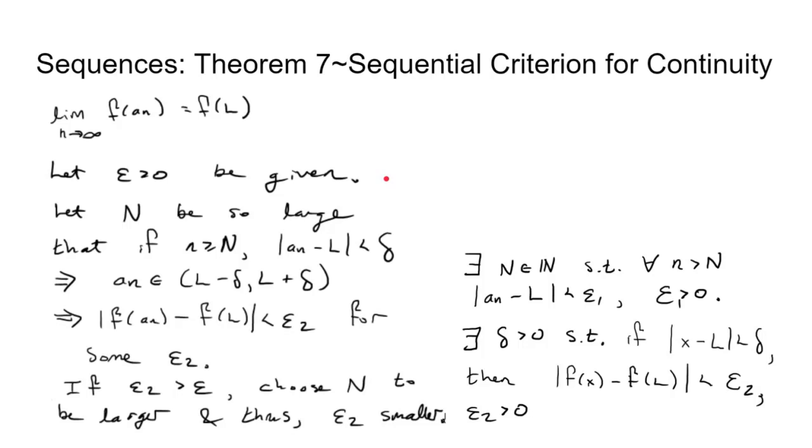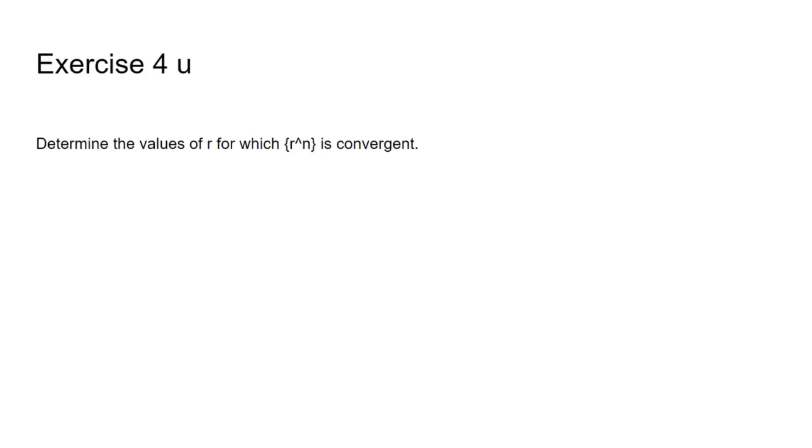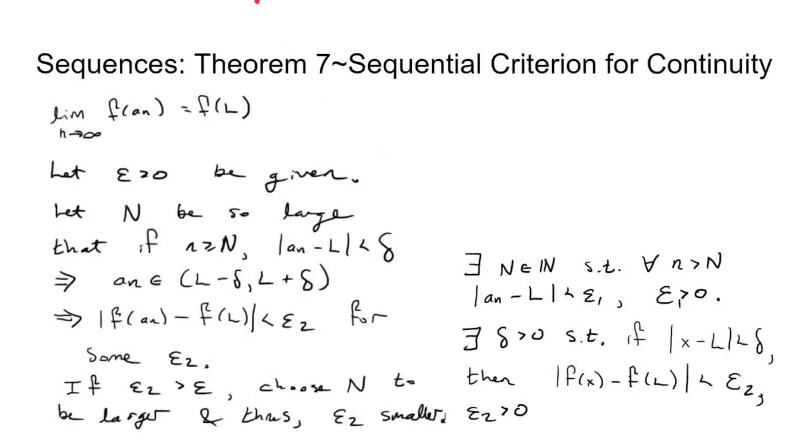And then I gave a proof. So this is what we want to show. This is the punchline. Now, if you remember, f is continuous, so we have this statement down here holding.